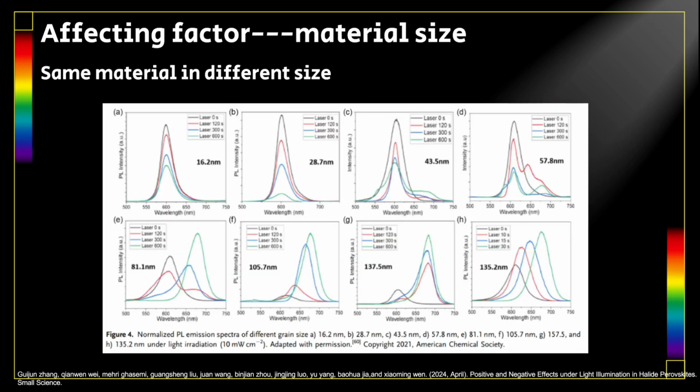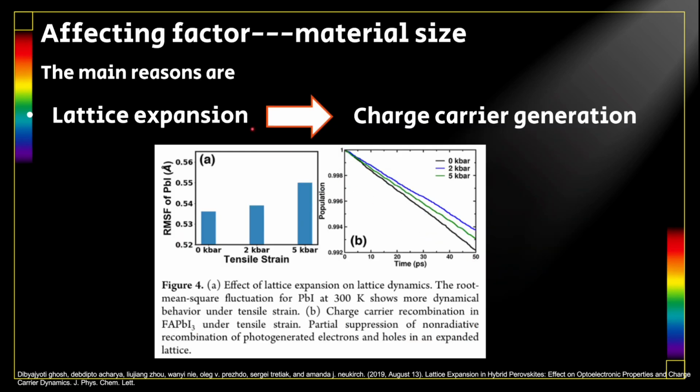Next is the material size, another important factor. From the image, we can see that different particle sizes show different peak positions and widths. For larger materials, lattice expansion may alter the valence band maximum in the energy diagram and change the carrier recombination or generation rates, which results in a band gap change.